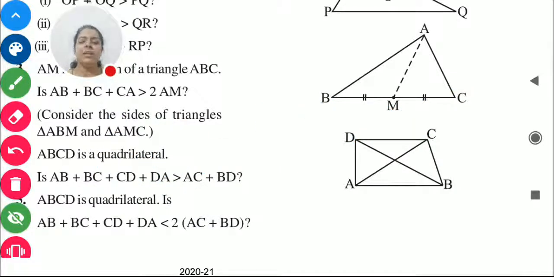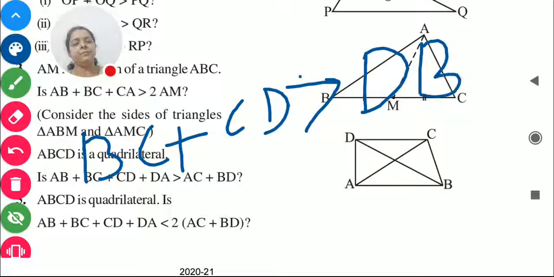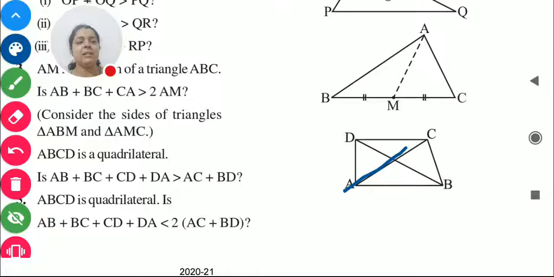Now we'll go for the next one. The next one is BC and CD. First I took this one. Second, I'll take this one. So let's go for BC plus CD is greater than DB. Okay, this is done. Now we'll go for the third one, we'll take this one over here.